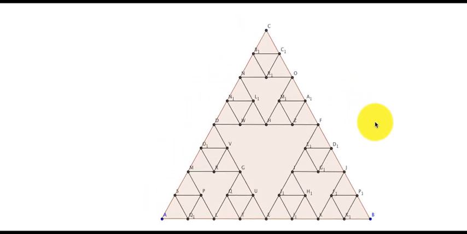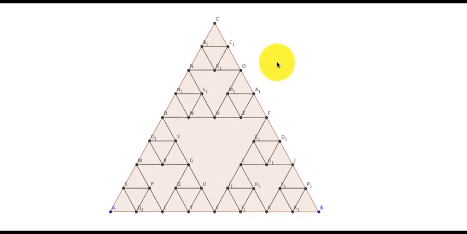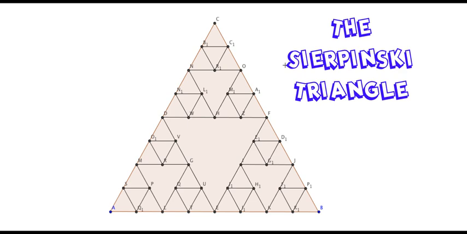Even though there are some sub-triangles in the larger triangle, here's the larger triangle, and then here's the center triangle that's untouched, and then here are the triangles on the other sides. So this triangle is a well-known fractal, and it's called the Sierpinski triangle.